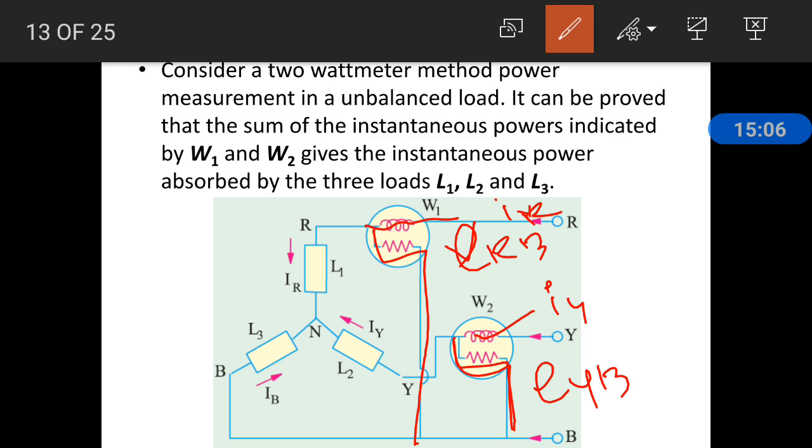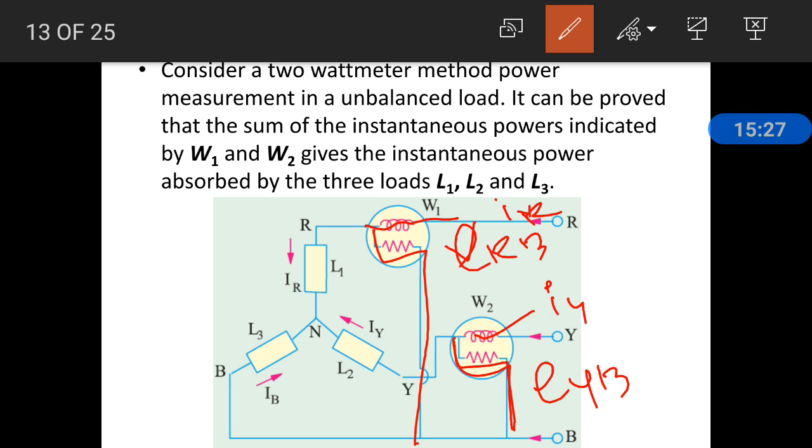The total power is the multiplication of the phase voltages and their currents, that is ER into IR plus EY into IY plus EB into IB.